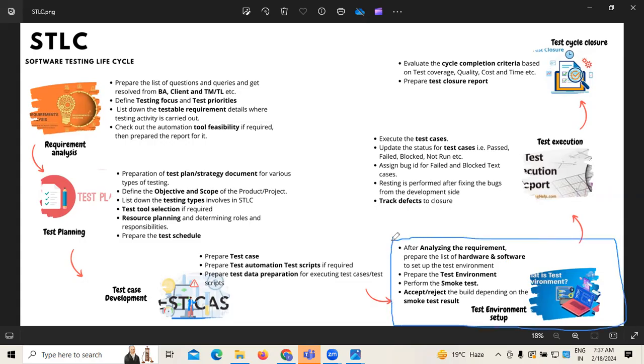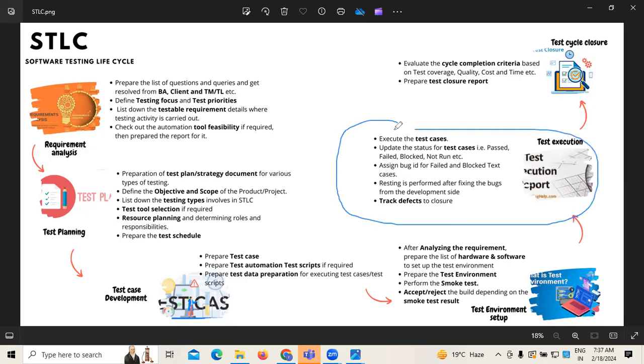Unless there is a proper environment for testing to be performed, there is no possibility for you to do any type of testing. If you want to do testing, that environment has to be created properly. That is required. Once it is done, the next is test execution.